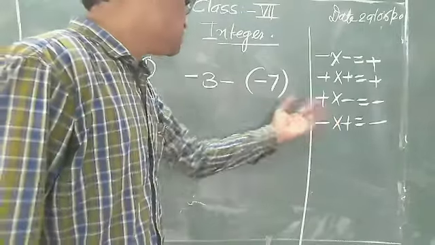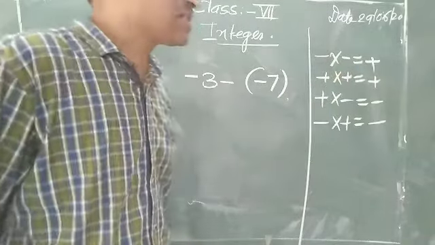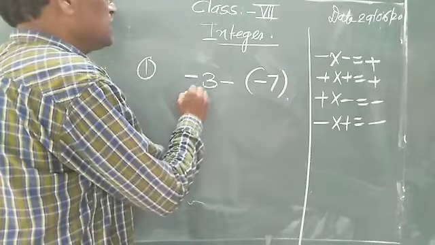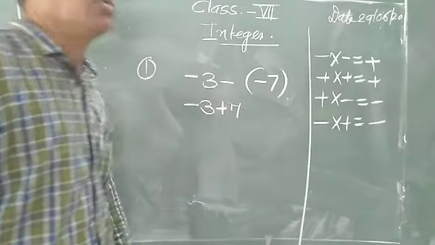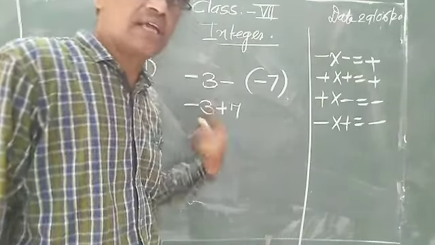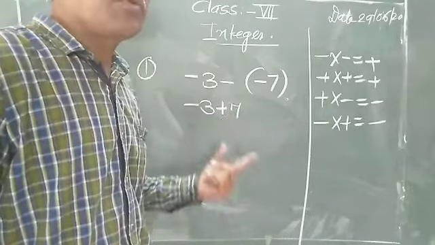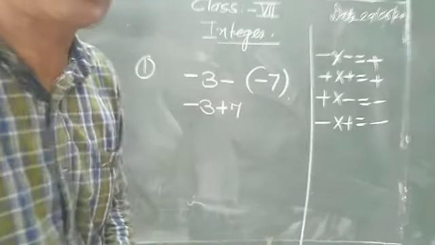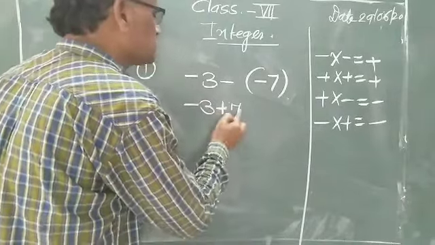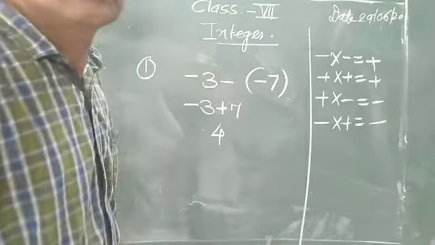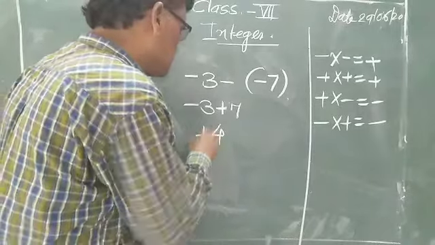Therefore, using minus and minus is plus, this can be written as 3 plus 7. Now you see, one number is negative and another number is positive. In this case, we take the difference of the two numbers and apply the sign of the greater number. The difference is 4, and the sign of the greater number is positive. Therefore, the answer is positive.